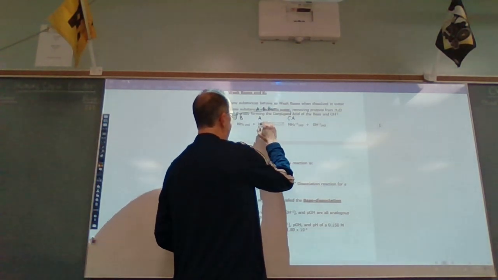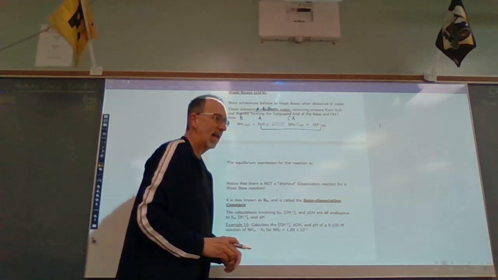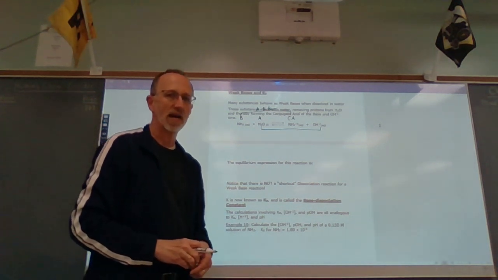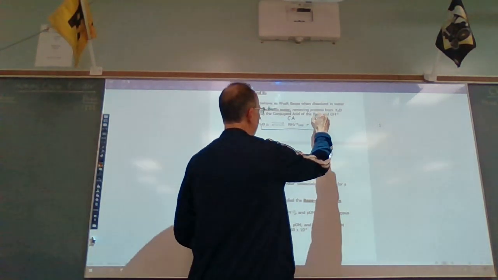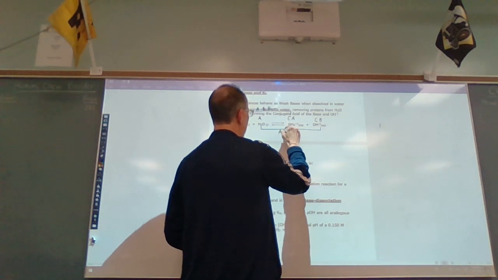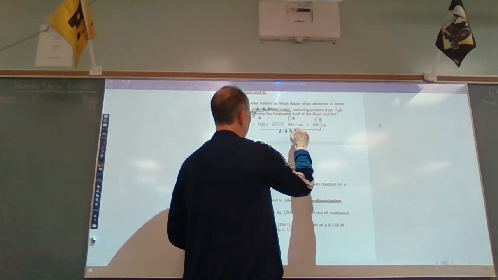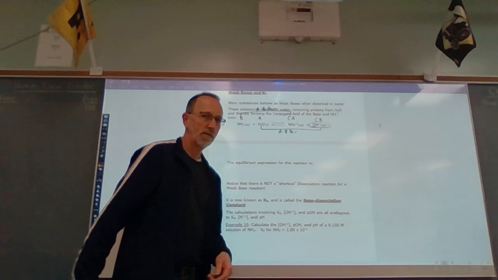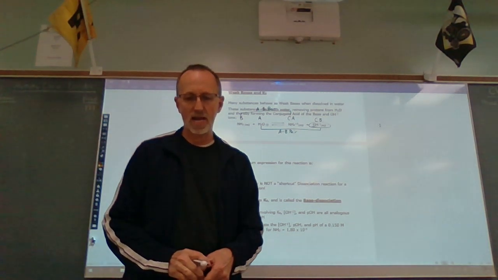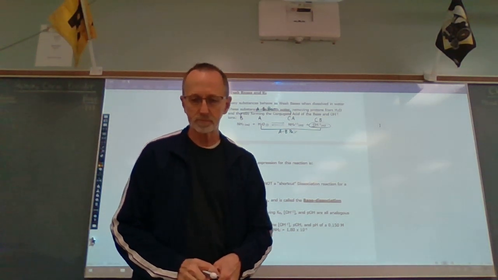And what's left behind from that acid, once it donates a hydrogen ion, is called its conjugate base. And as you can see, the conjugate base of water is the hydroxide ion.